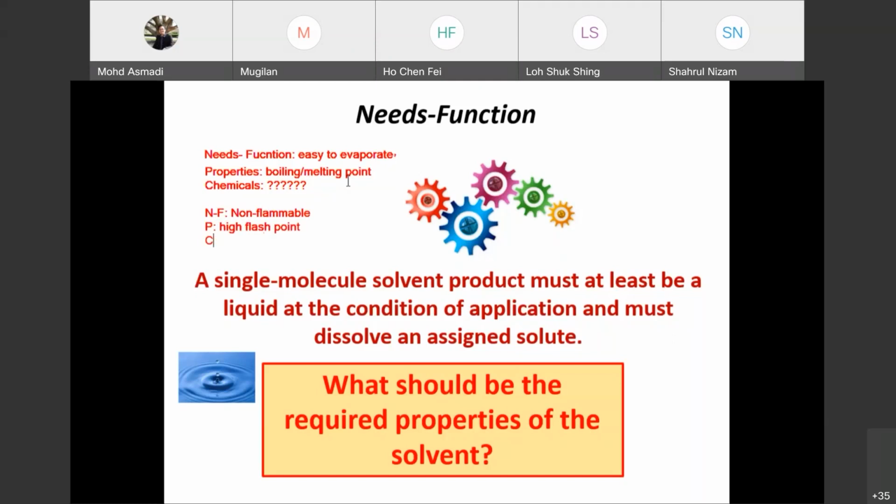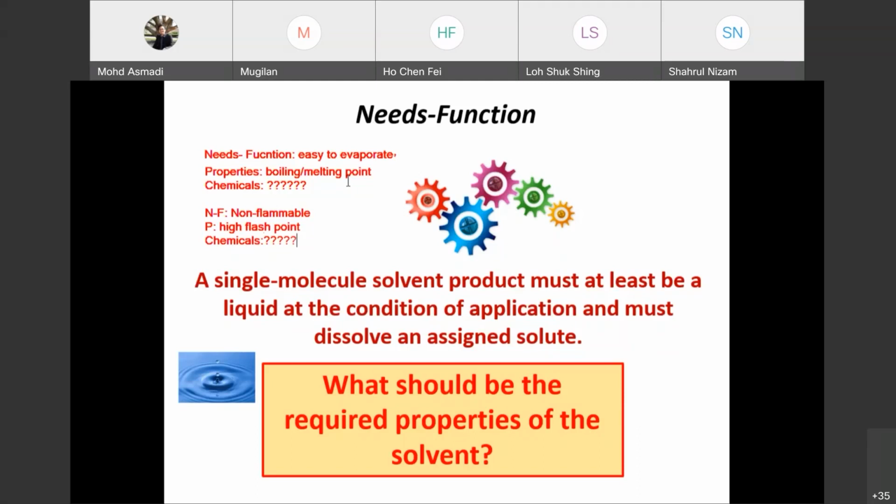What chemicals? So meaning that properties can be measured. Boiling point, melting point can be measured, so you have to remember that. Because need function we cannot measure. It's just something that is our need or our desire.